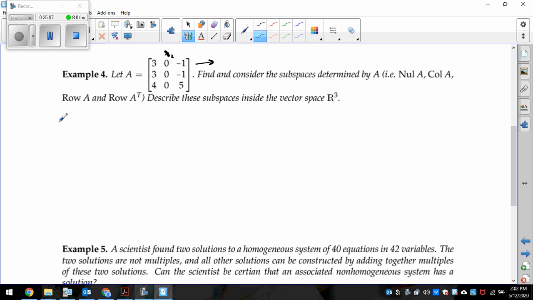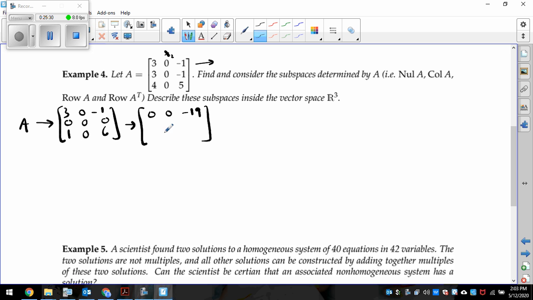Let's do A, and then I'll eliminate the second row, get a 1 here, and then we'll get a 6 here, and then we'll eliminate that 3 with the 1, and in order to do that, we're going to have to subtract it 3 times, which is going to give me a negative 19 there, and then we'll swap a bunch of these rows to get 1, 0, 6, 0, 0, negative 19, and then you could just normalize that middle row to get a 1 in that position.